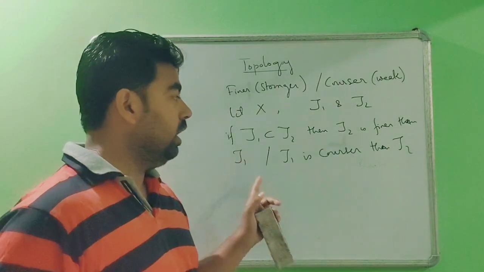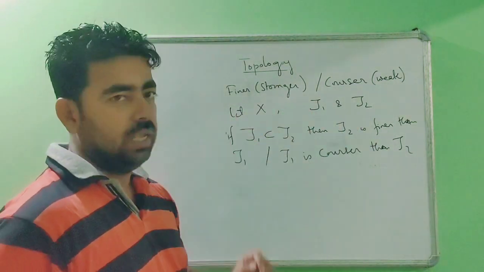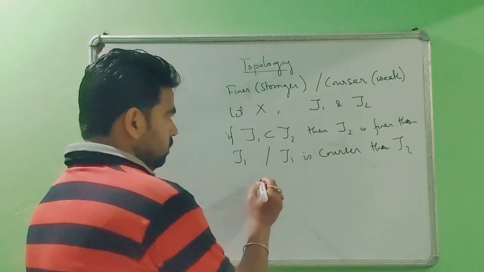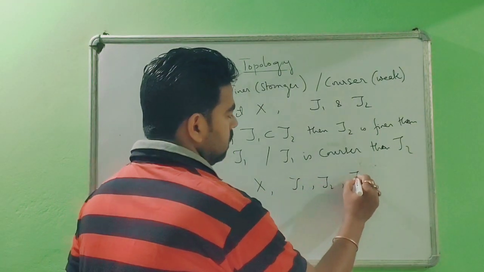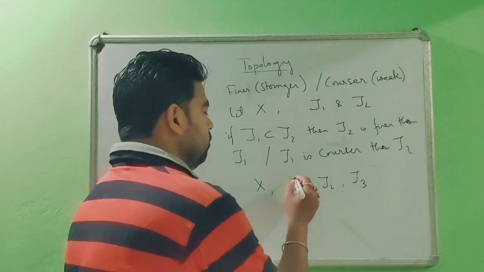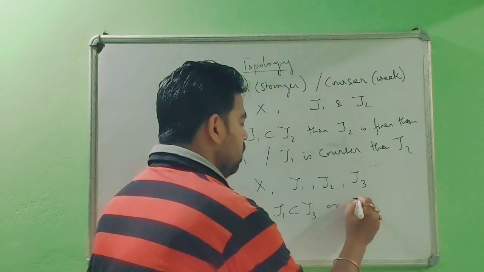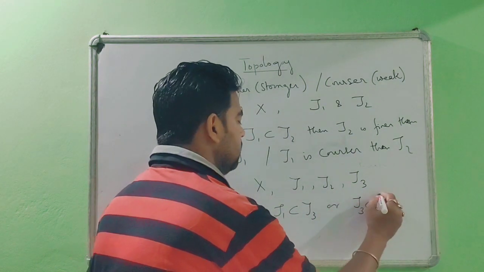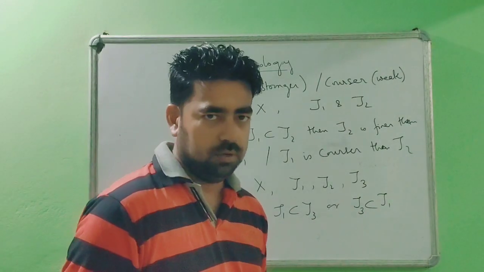Okay. Now, why am I showing this? Suppose there are topologies on X. Suppose this is X. Suppose not two, suppose there are three topologies, and in some way I can show either this or this, anyone. Okay. Then we can say that these two topologies are comparable.